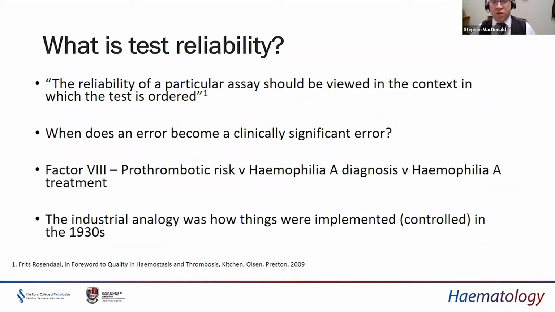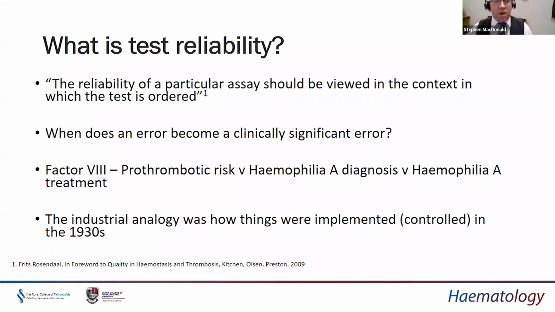Now, a certain percentage of error will have a wildly different interpretation based on the level of result that we're obtaining. If we have an error of 5%, that will have a really significant impact at the very low levels of a factor VIII, because that will determine classification of the subclass of hemophilia A and potentially risk of developing inhibitors, treatment strategies, whether they need prophylactic factor VIII treatment or anything else.